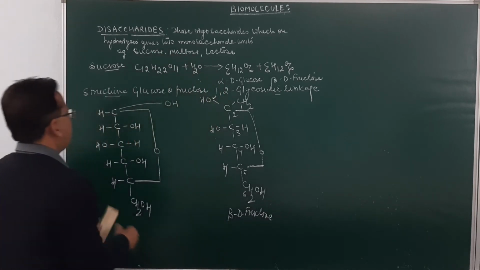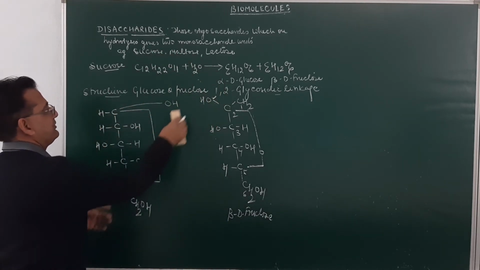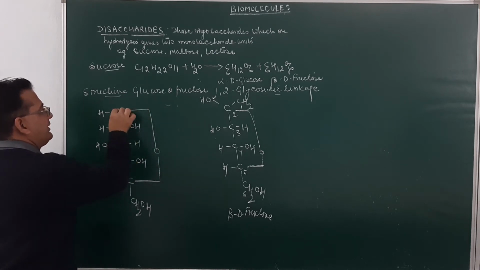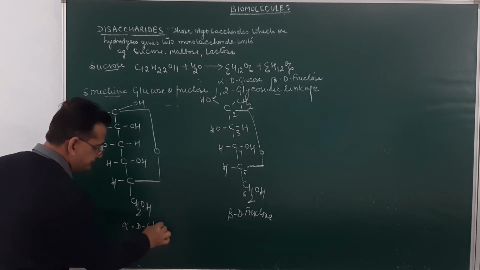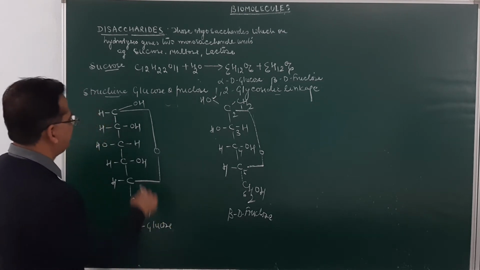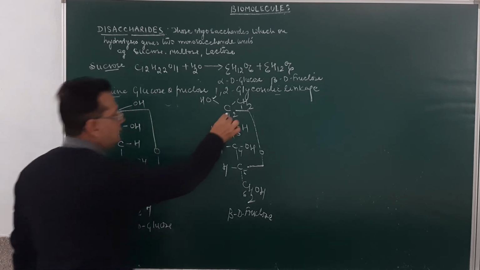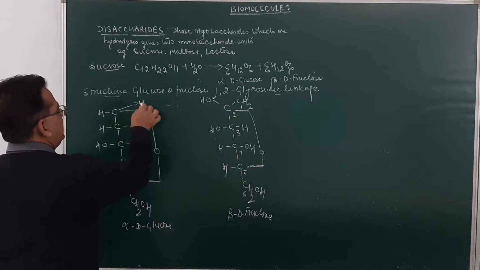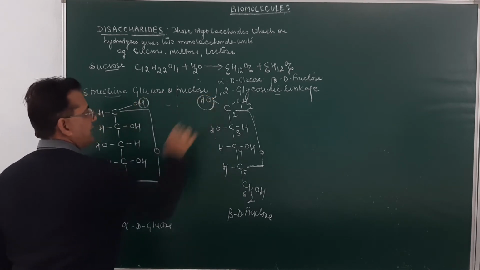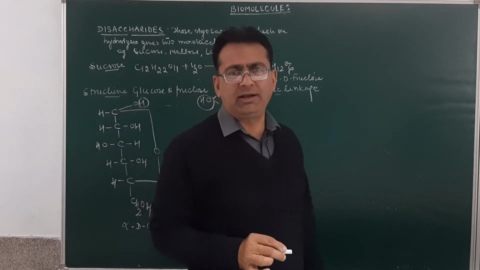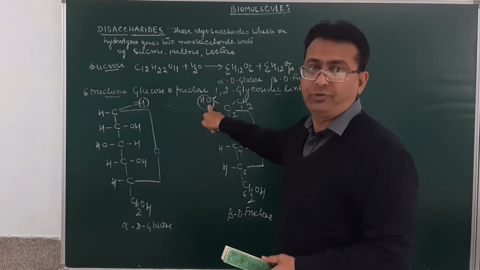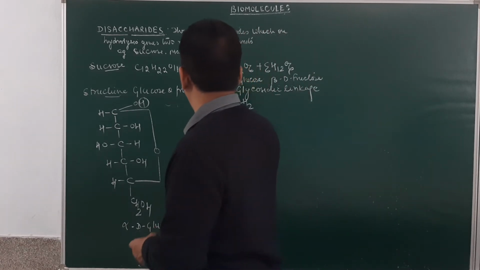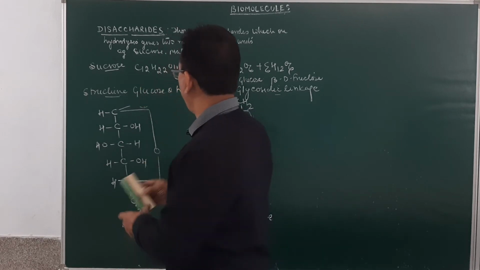Am I clear? Here in this case, the OH group is toward the right side, so this is alpha-D-glucose. You may see the difference in the structure. This is a 1,5 linkage, and this is a 2,5 linkage. Now, if we remove a water molecule from here, H from here and OH from here, carbon number 1 of glucose and carbon number 2 of fructose will join each other by an oxygen linkage.